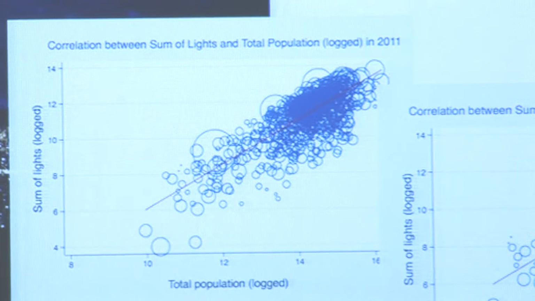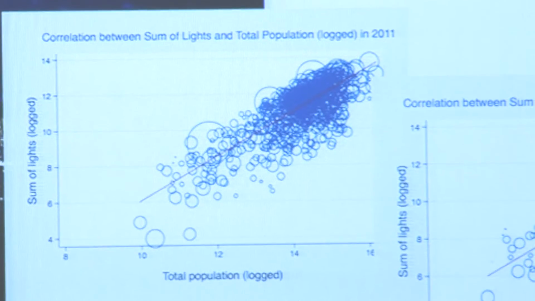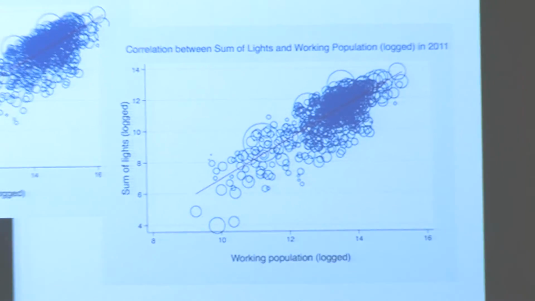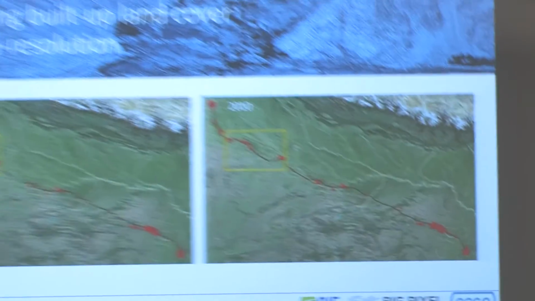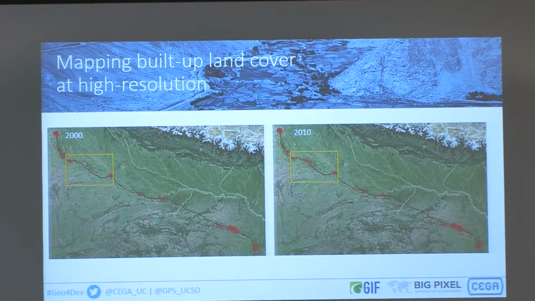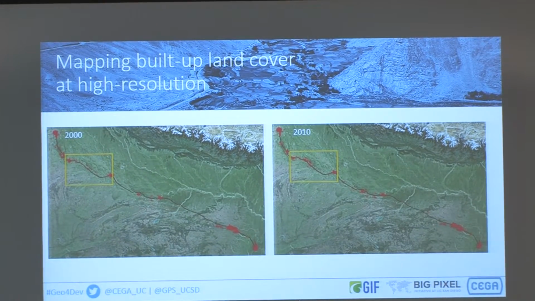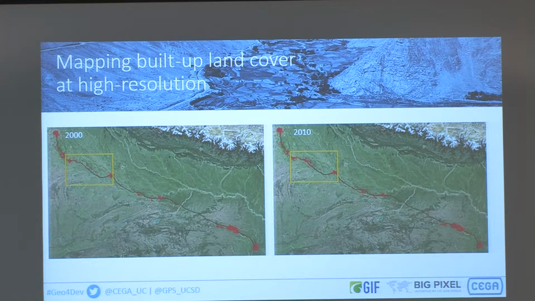You also have blooming effects once you start looking at neighborhoods where bright areas are going to spill over and affect less bright areas. So here's a picture of one segment of the Golden Quadrilateral project, which extends from Delhi to Kolkata. And what you can see in the red areas are areas that we've identified as built up.